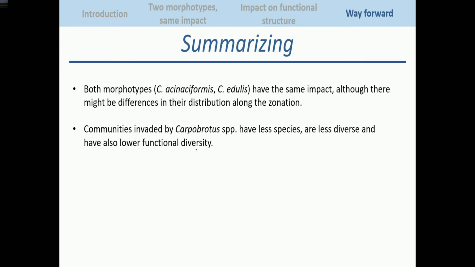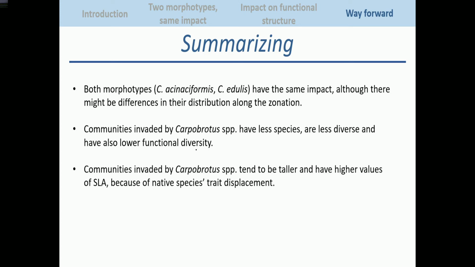The native communities that are invaded by this species seem to have less native species, are less diverse, and also have lower functional diversity. Apparently they tend to modify their traits: the species that are able to coexist with Carpobrotus are taller and have higher values of SLA.